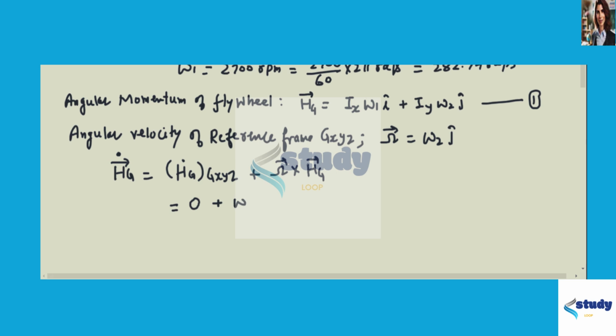Omega is omega 2 j cap cross Ix omega 1 i cap plus Iy omega 2 j cap. So rate of change of angular momentum of the flywheel we will get minus Ix omega 1 omega 2 k cap.